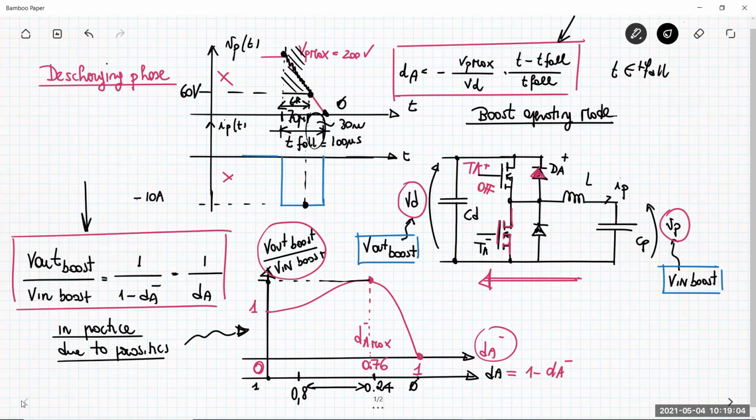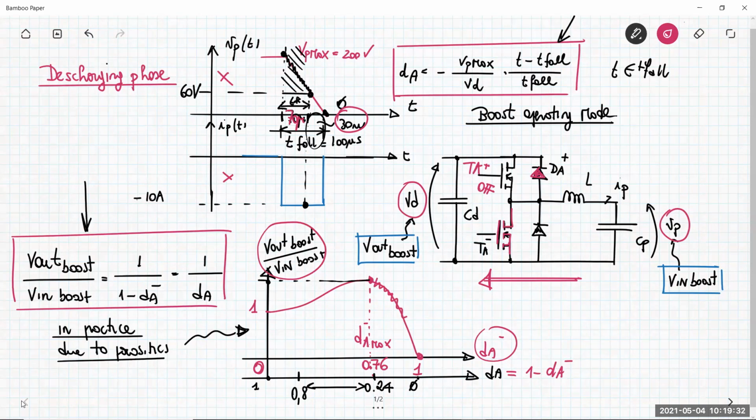But this is not possible for the entire duration of T fall. The boost operating mode is only effective for 70 microsecond of the total 100 microsecond. For the remaining 30 microsecond, there is no possibility to recover the energy because the boost is no more a boost. You are in this region in which you are not providing energy.